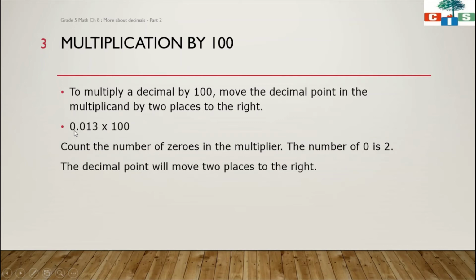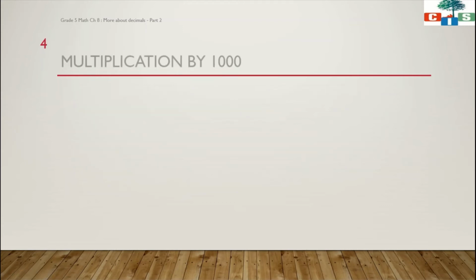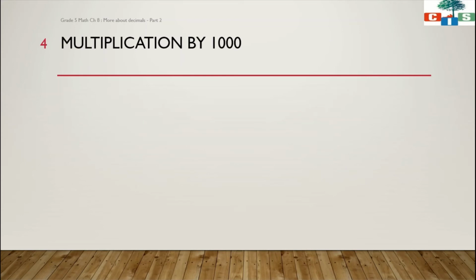Here we have the decimal point before the zeros, so we'll move 2 digits to its right. This point will come between 1 and 3. So our answer will be 001.3.